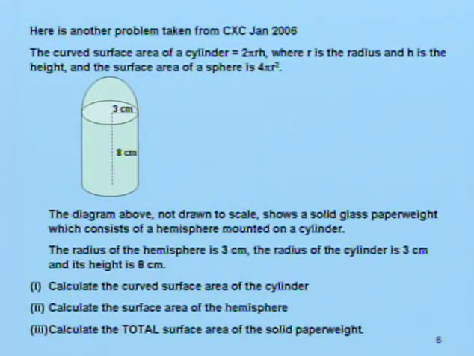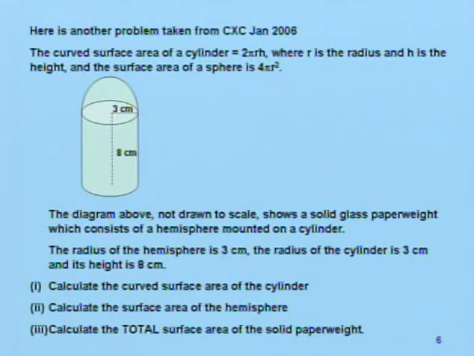The diagram above, not drawn to scale, shows a solid glass paperweight which consists of a hemisphere mounted on a cylinder. The radius of the hemisphere is 3 centimeters. The radius of the cylinder is 3 centimeters, and its height is 8 centimeters.